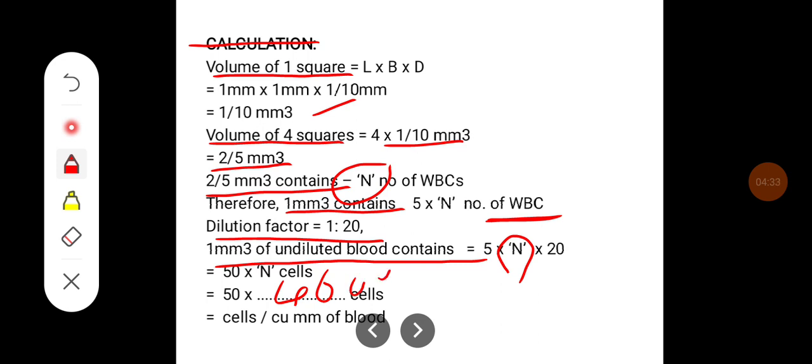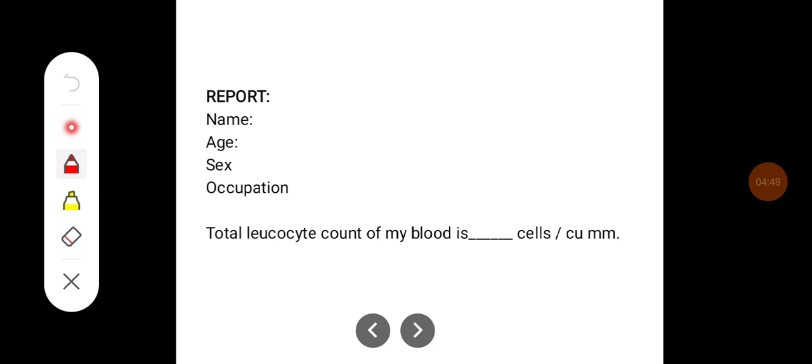So the number of cells in 1 cubic millimeter of blood will be 4000 WBCs. That is how the calculation is done for WBC count. So then it can be reported like the total leukocyte count of my blood is around 4000 cells per cubic millimeter of blood or per microliter of blood.